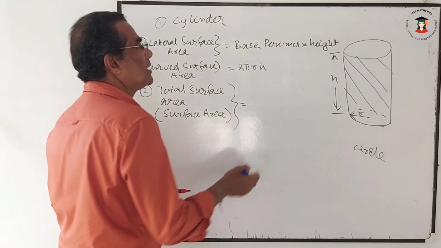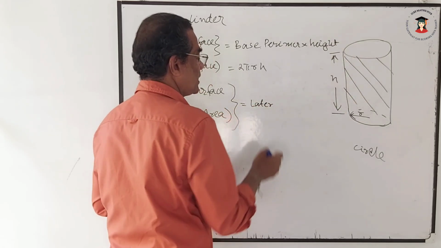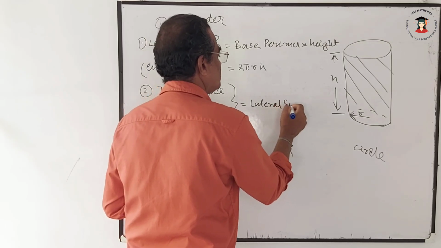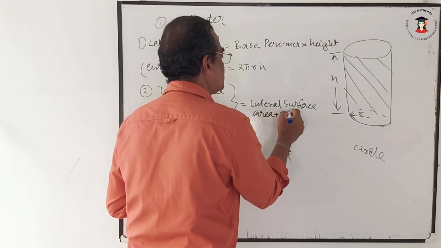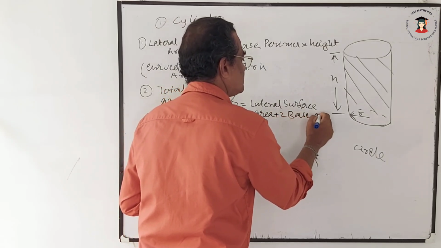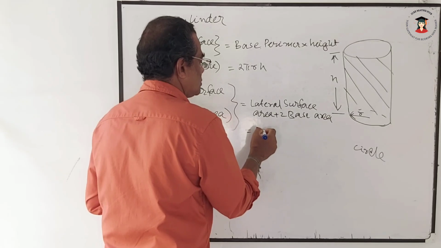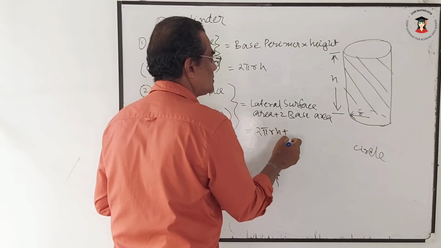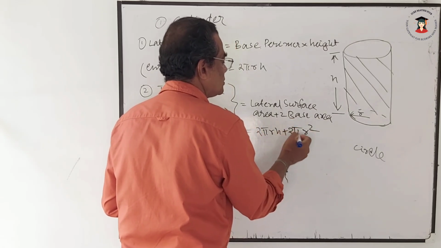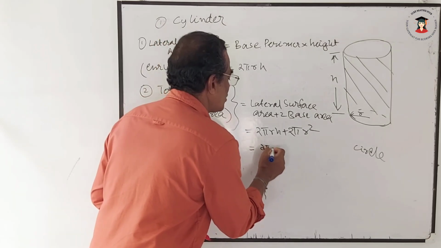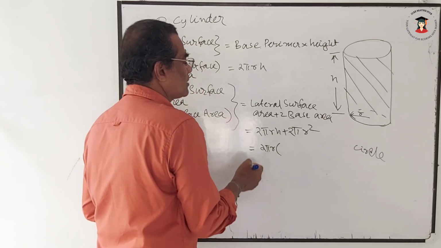So total surface area can be written as lateral surface area plus 2 into base area, and that is equal to 2 pi r h plus base area, which is pi r square, and 2 into that means 2 pi r square. 2 pi r is common in both these terms, so I am taking that 2 pi r.